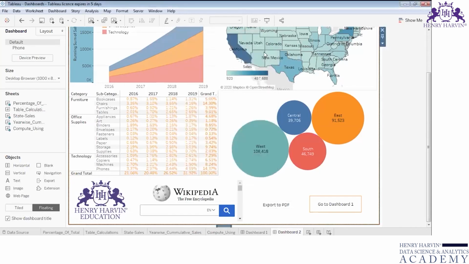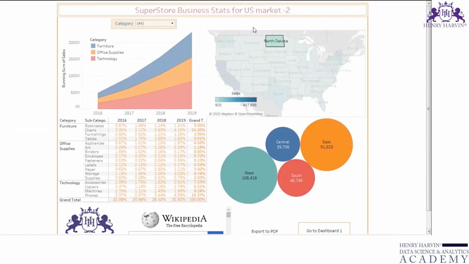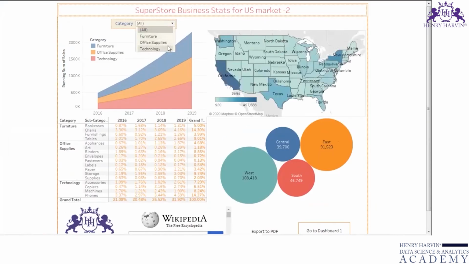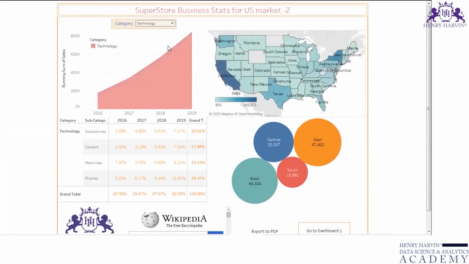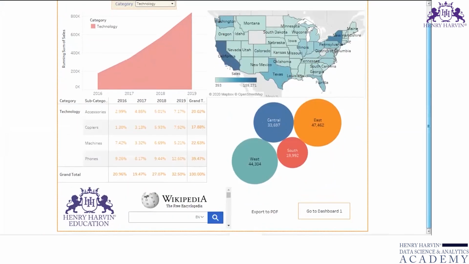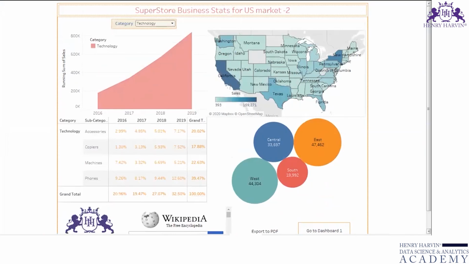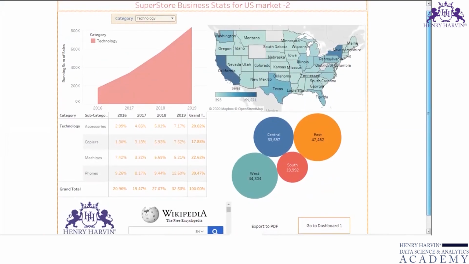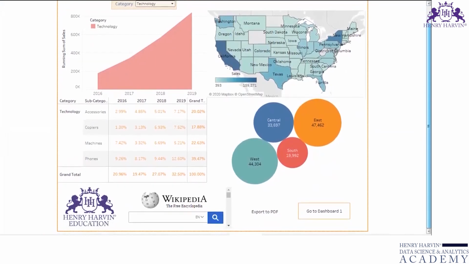Now let me move it to presentation mode. Over here, supposedly I filter the value for technology, so all my graphs have been updated corresponding to the category technology. Now if I would like to export this entire dashboard view and share it with some business stakeholders or my employees, I can do that using export to PDF.